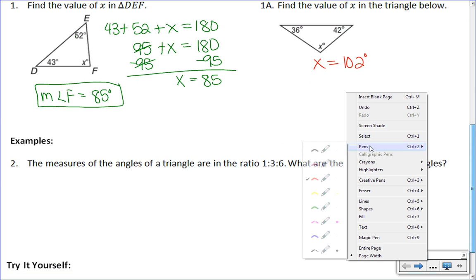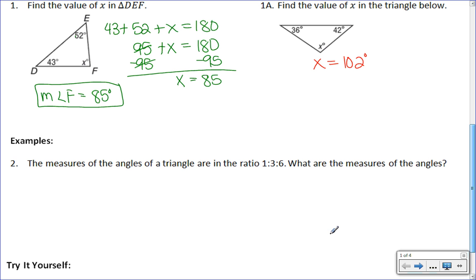Okay, for the next one it says the measures of the angles of a triangle are in the ratio 1 to 3 to 6. What are the measures of the angles? Okay, so it's been a while since we've looked at ratios, but when you have things that are in ratio, that means that each of these numbers is going to be multiplied by the same number to get whatever the actual measures of the angles are.